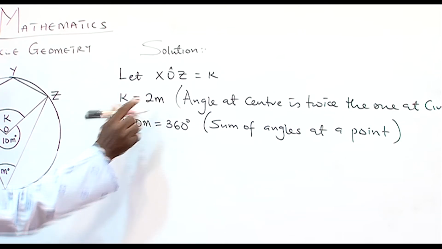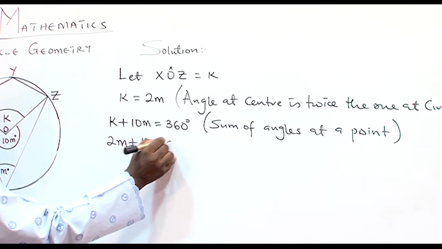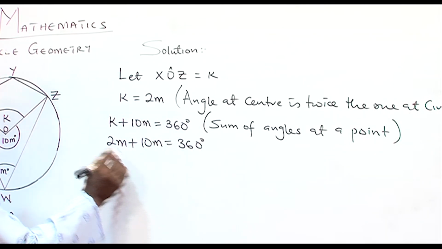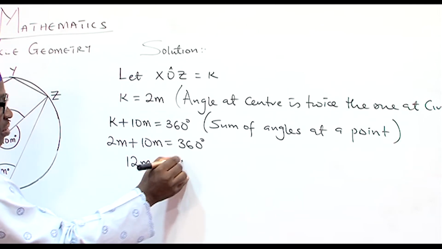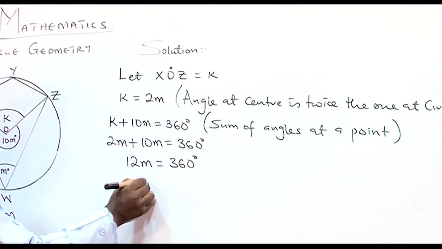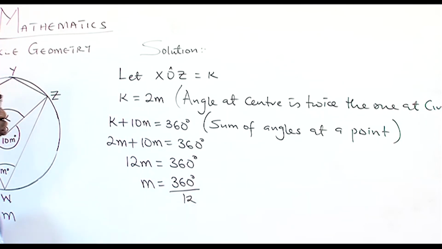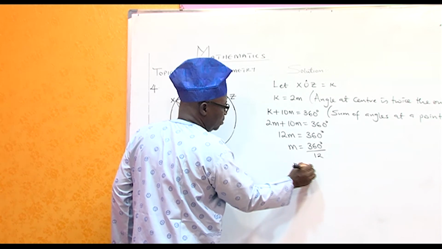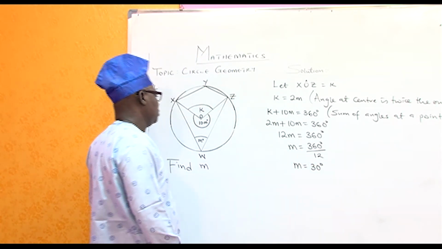Our K is 2m, so I'm going to change it to 2m. 2m plus 10m is 360. 2m plus 10m will be 12m, is 360 degrees. Then m is 360 degrees divided by 12. So in that case, m is going to be 30 degrees.